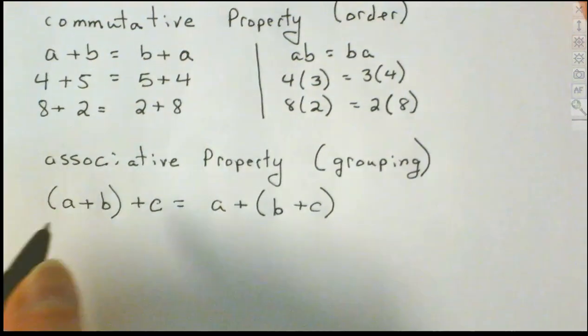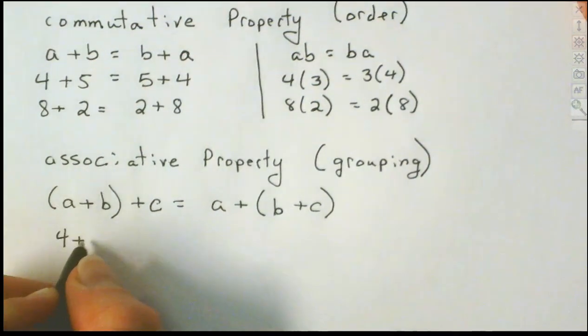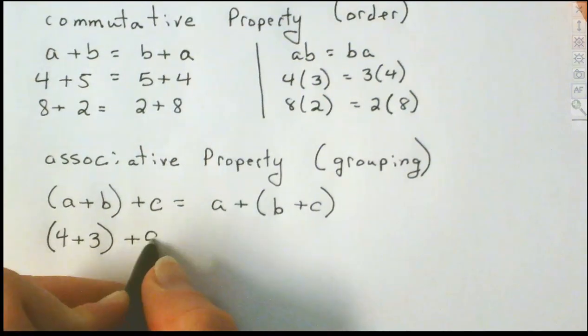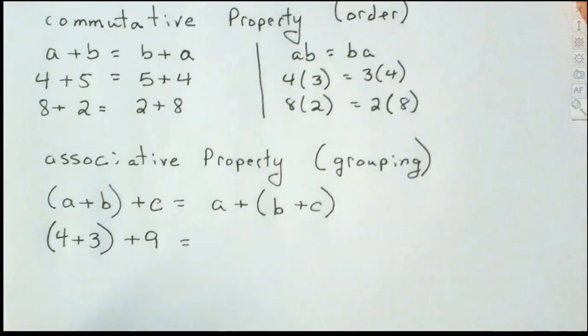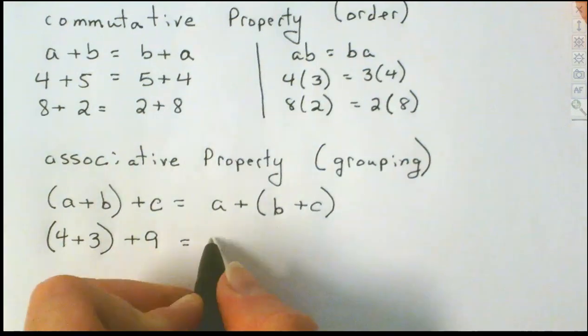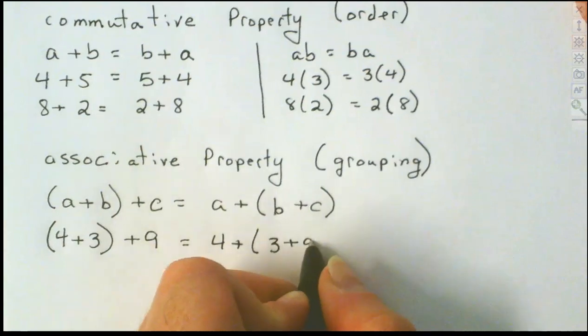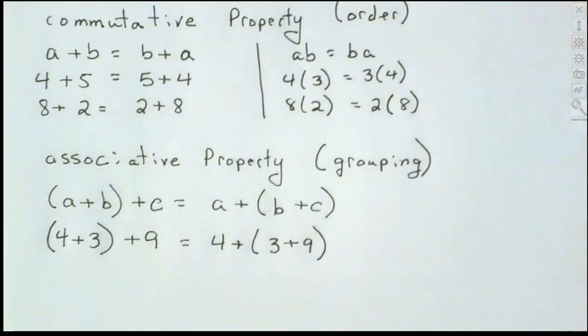So here's some examples. (4 plus 3) plus 9 is the same thing as saying 4 plus (3 plus 9). I am not changing the order. The order did not change. What did I change? The groupings, the parentheses. So the associative property is the groupings.